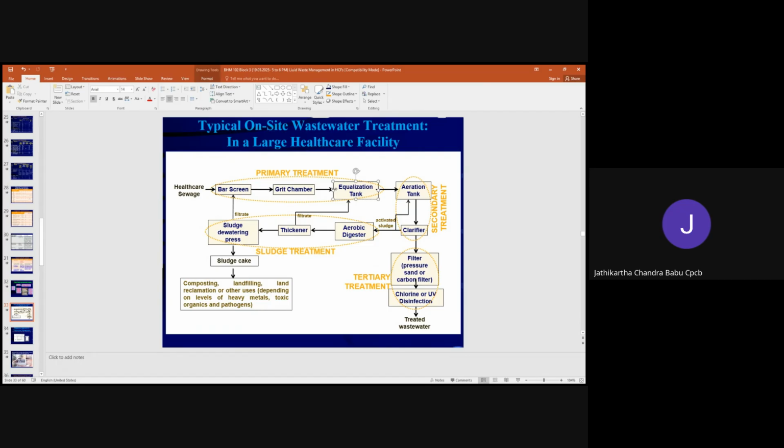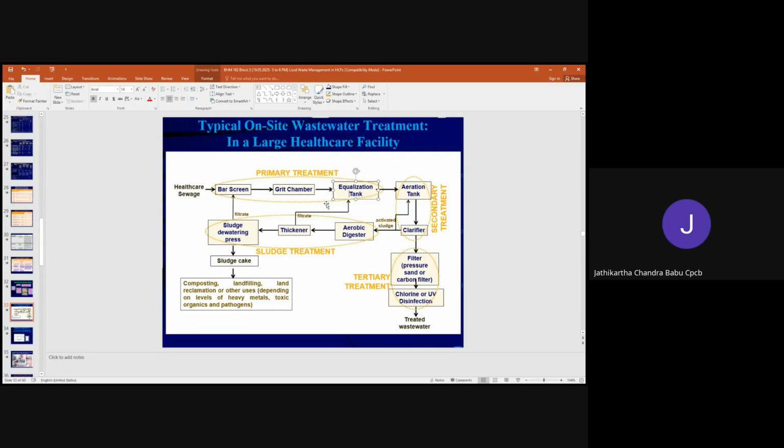The wastewater generation may not be uniform all over the hospital, and may vary from time to time. Therefore, the quality of wastewater also will not be uniform. In order to maintain uniform quality and quantity, the equalization tank is used, where you ensure proper mixing and manage uniform quality and quantity of liquid waste.